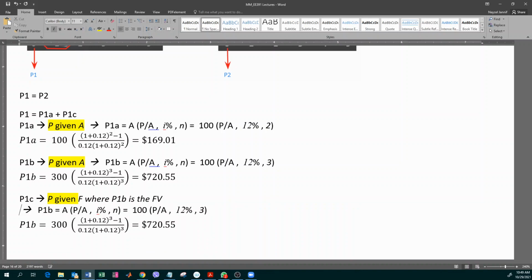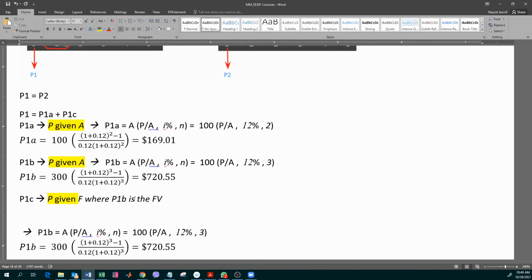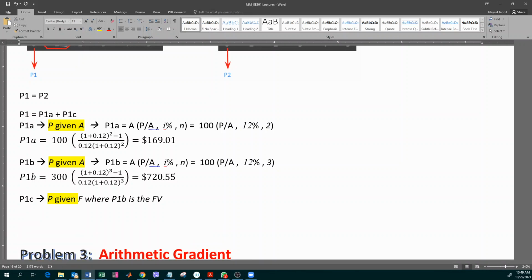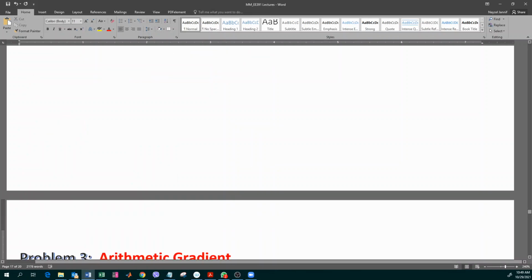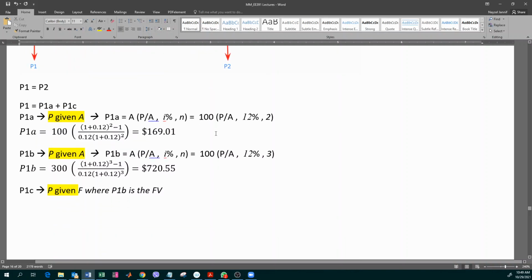Okay, this is the catch here, guys. For P1C, don't worry so much about these guys over here. For P1C, we want to find P given F, whereby P1B is the future value.